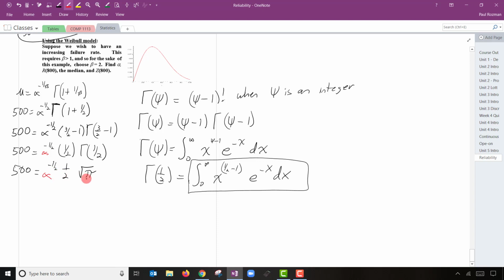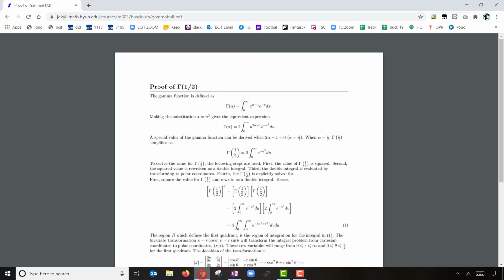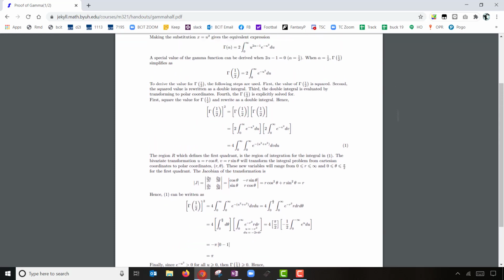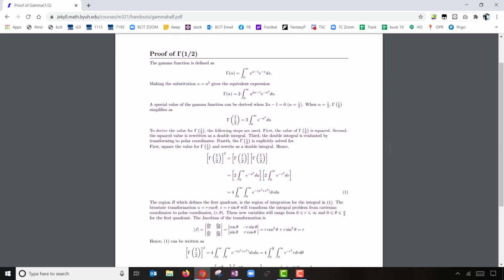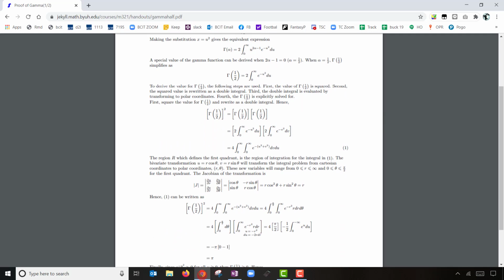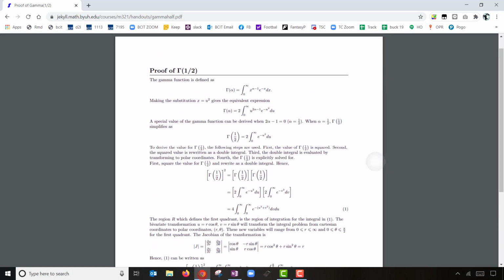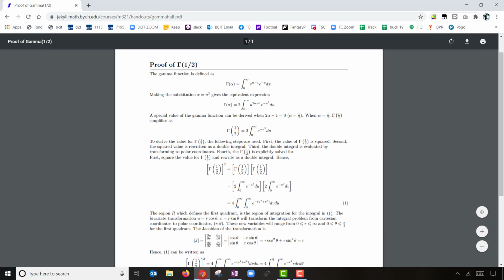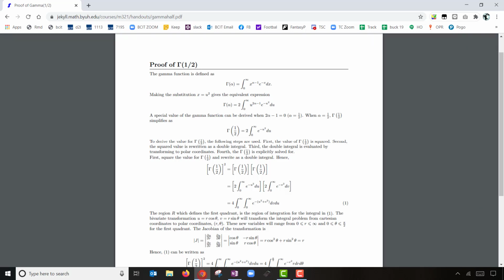If you're interested in the proof of that thing, check out the website here, Jekyll Math. I found it in a hurry, and it's actually pretty readable. They pretty much cover it in one page. It involves a bit of double integrals, but you can probably read through something like this even if you don't really remember doing double integrals and doing polar substitutions.